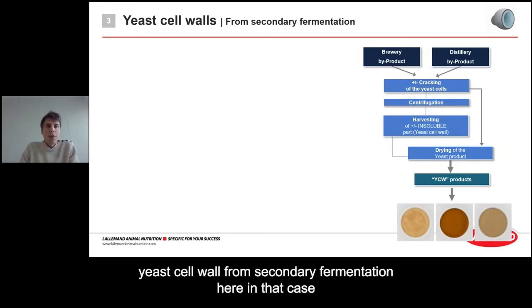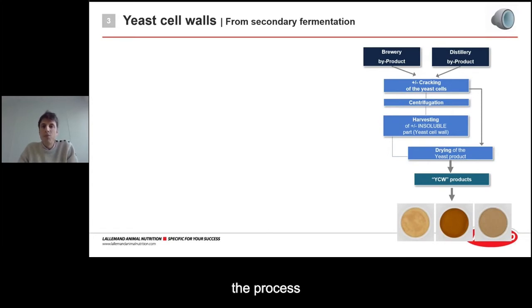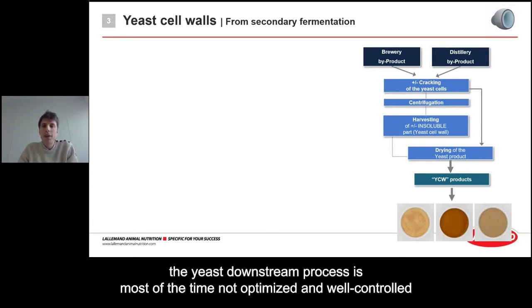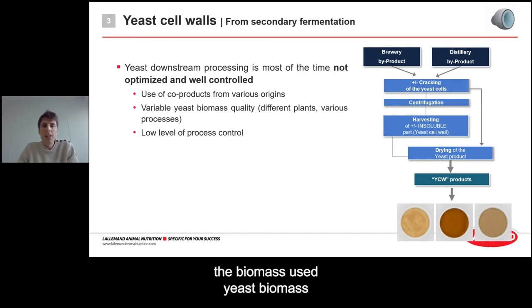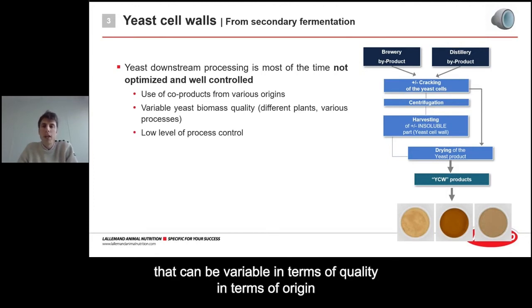Yeast cell wall from secondary fermentation. In that case, the yeast downstream process is most of the time not optimized and well controlled. The yeast biomass used is mainly byproducts from various origins that can be variable in terms of quality and origin.